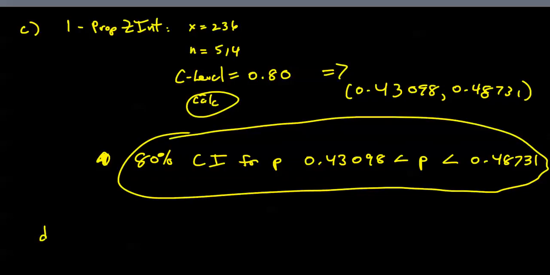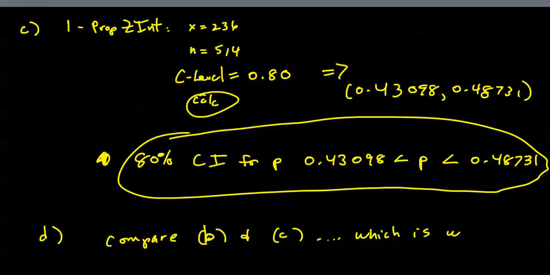Alright, part D in this problem asks us to compare the confidence intervals from parts B and C. And I did them both up here above for you. Compare the results from part B and C, and identify the interval that is wider and why it is wider. So I'm going to leave that for you to do.